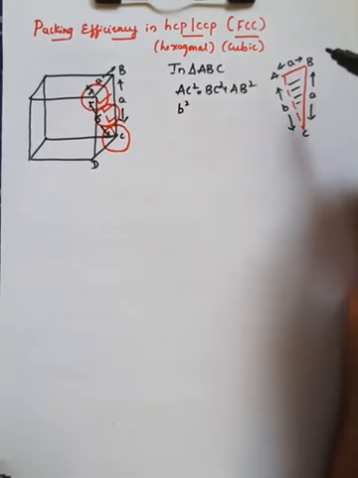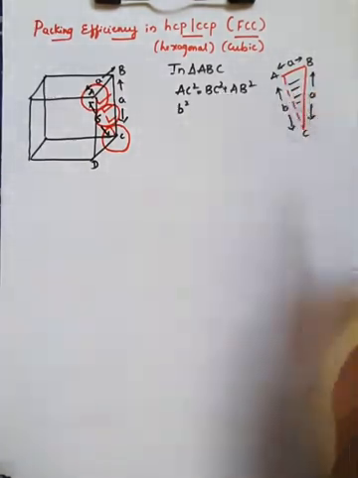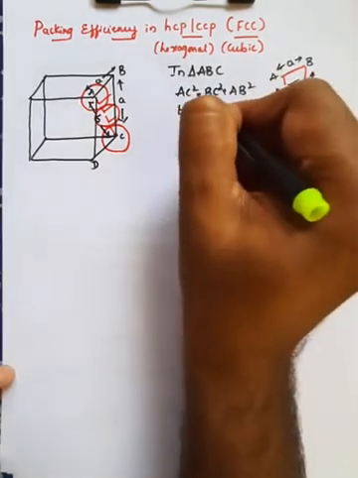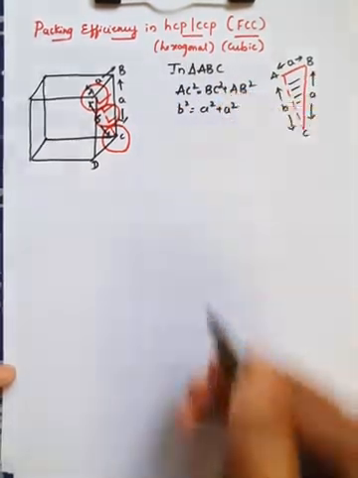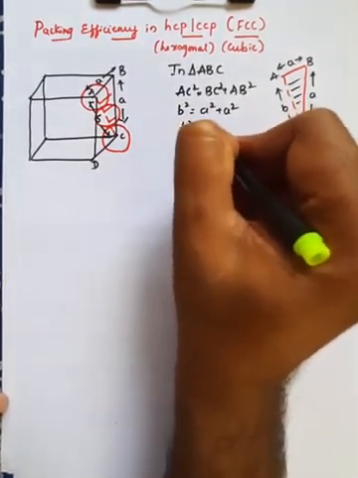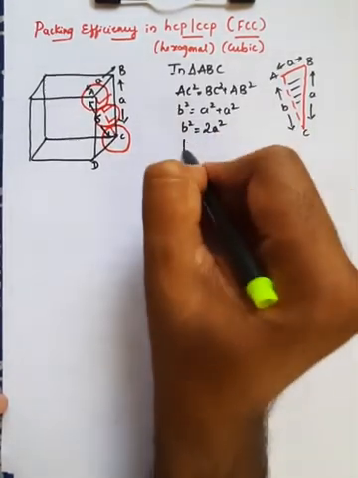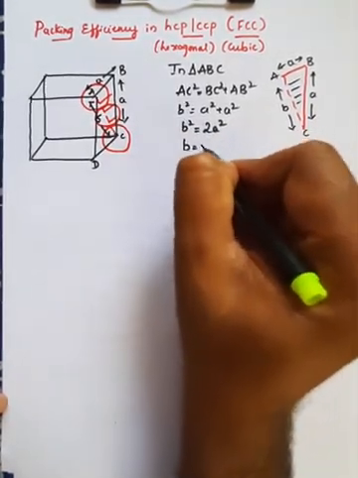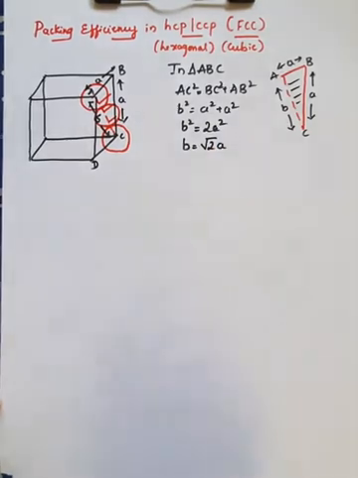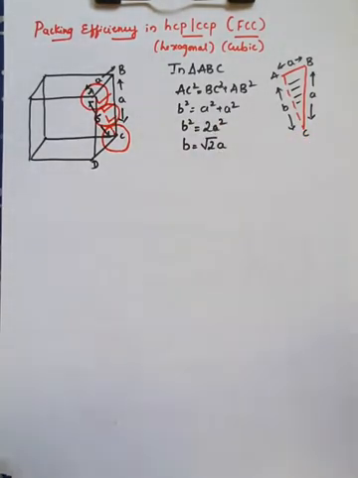Therefore B square is equal to A square plus A square, that is 2 times A square. If you remove the square on both sides, B will become root 2 into A. So B is equal to root 2 into A, right?